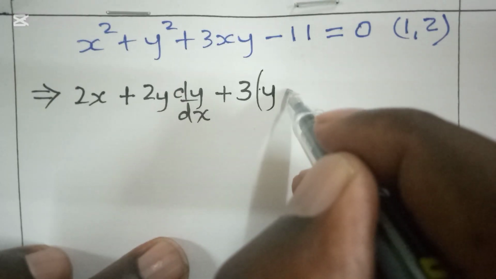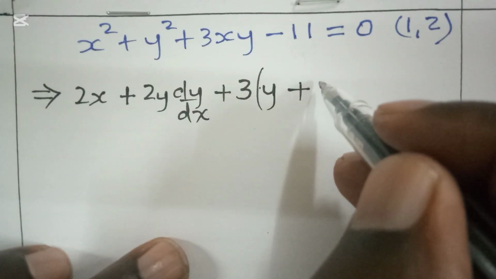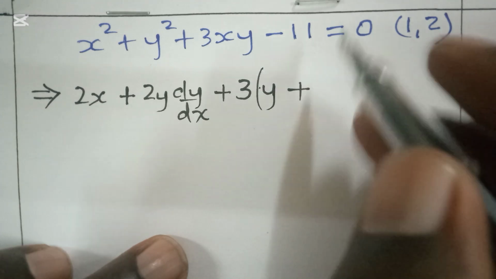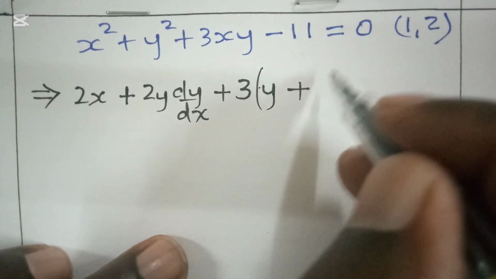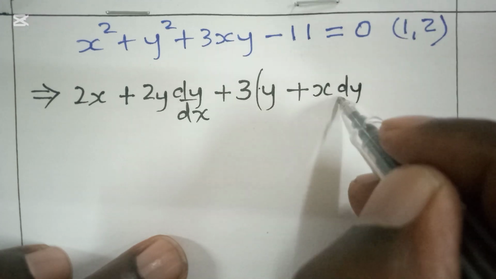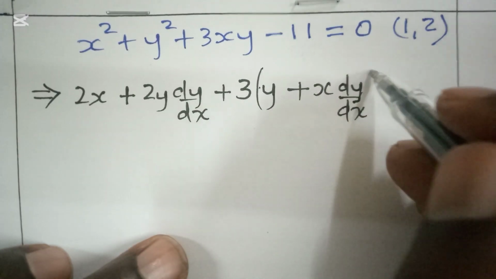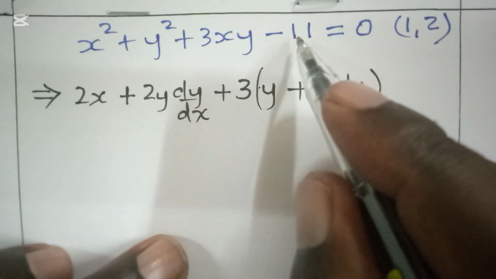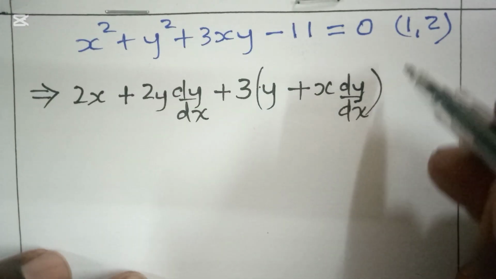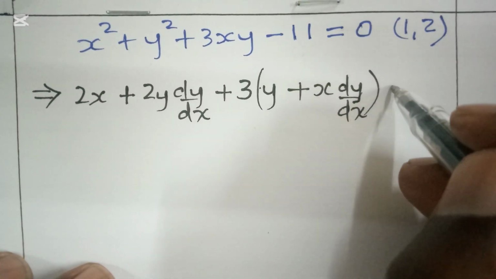Plus, guys, now I come and differentiate the y. Differentiating y, I'm going to have dy/dx. Minus, now differentiation of 11 is a constant, so that gives us 0. This now is going to be equal to 0.